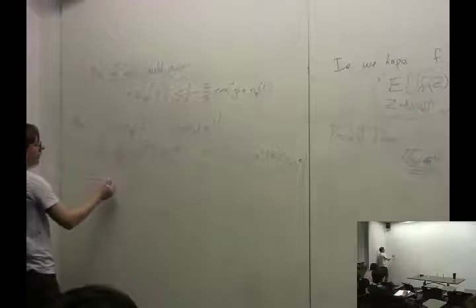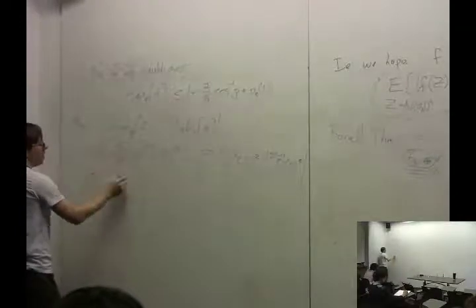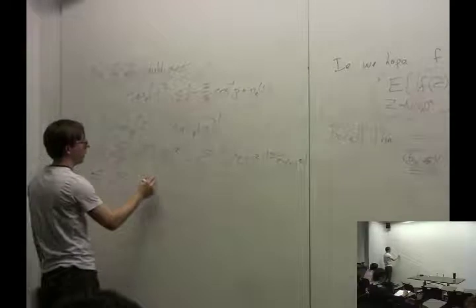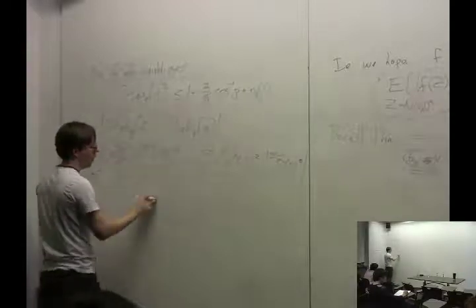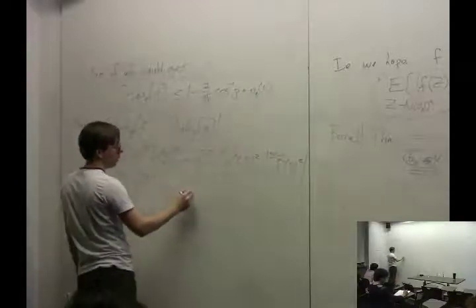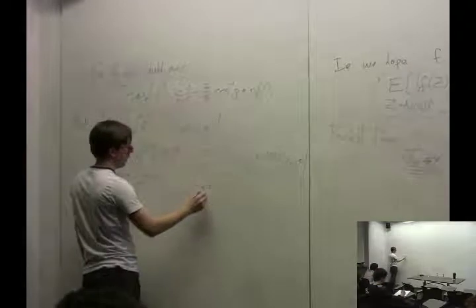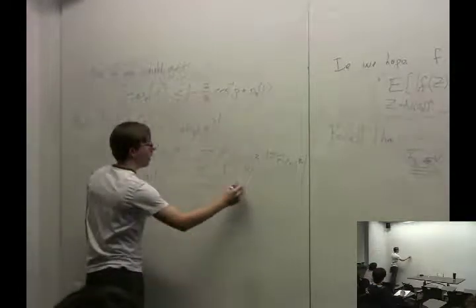Which is, let's say, at most the sum over S of rho to the S, 1 minus (1 minus delta) to the 2 cardinality of S, f hat S squared.